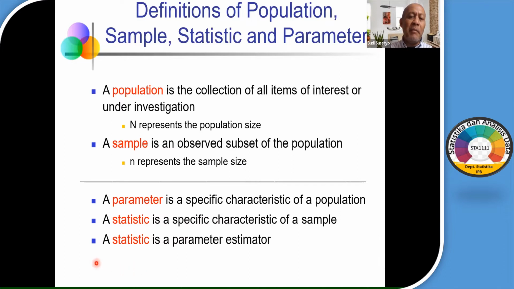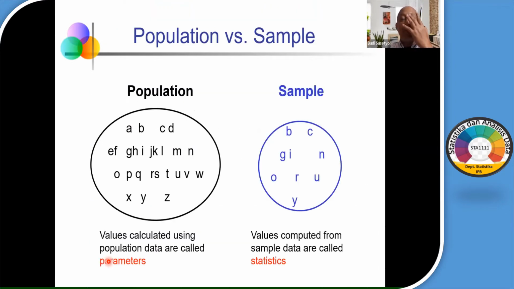Although I ask only 5 of you, I use the average of 150,000 rupiah for clothes per month to predict the population. And then I say that the average of the students in my class spending for clothes is 150,000 rupiah. So this is a statistic to predict the parameter if we cannot collect the data from the whole population.